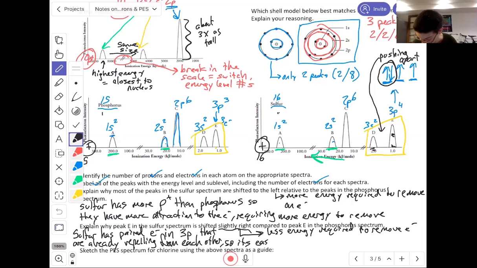So it's easier to remove that one. All right, it does end up being slightly easier to remove that paired electron in sulfur because it's being forced to share with somebody it doesn't want to share with.